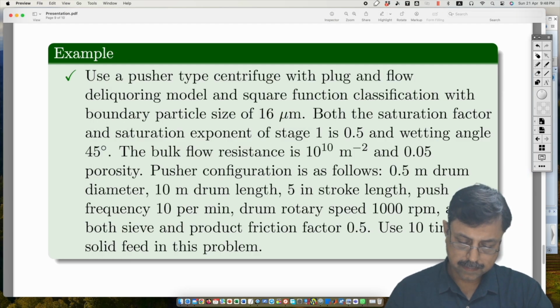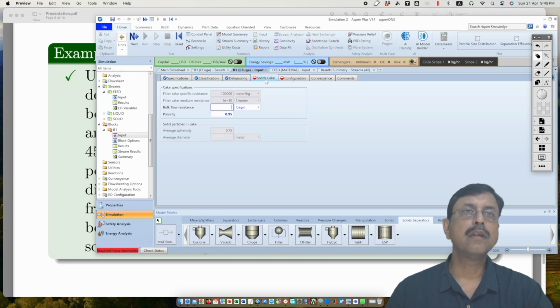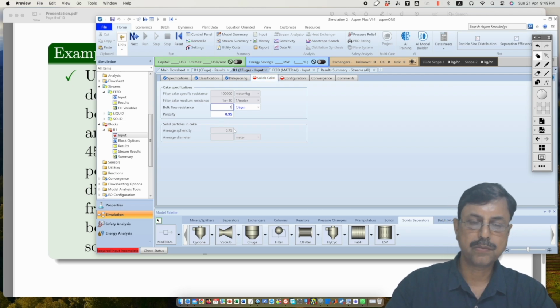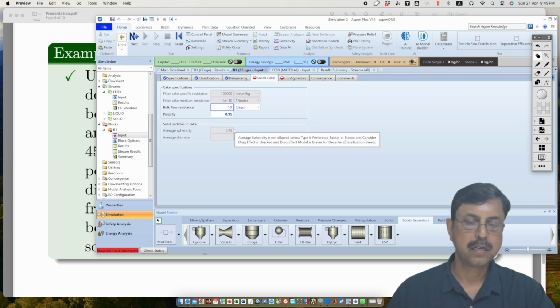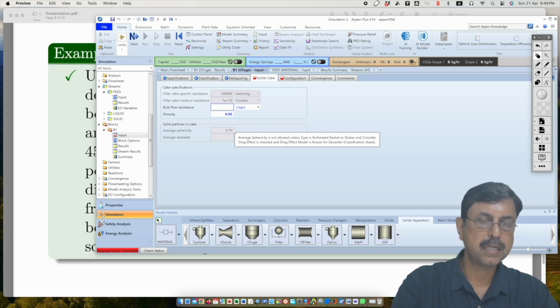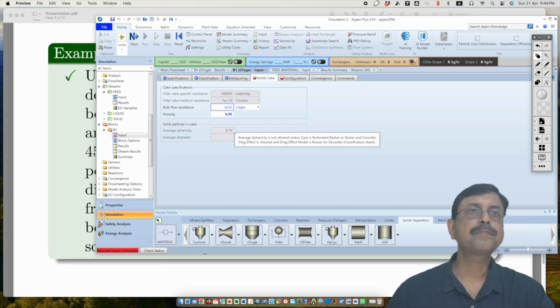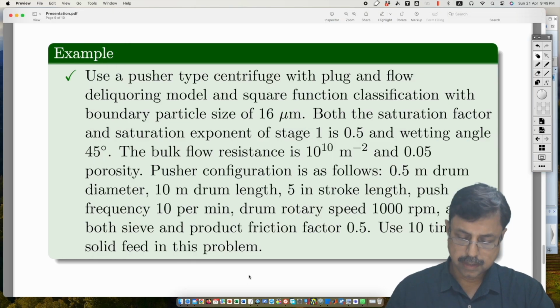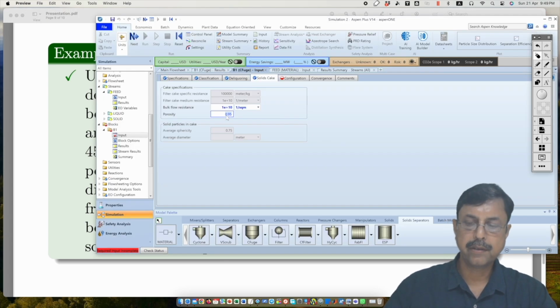Then bulk flow resistance is 10 to the power 10 per meter square. So where is bulk flow resistance? I think it is over here, 10 to the power 10, so it is 1E10. Porosity is 0.05.